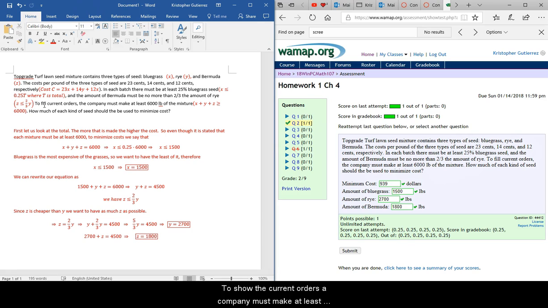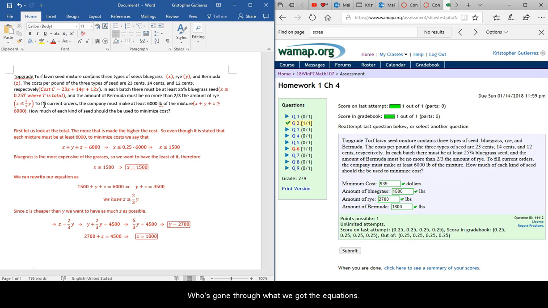To fill the current orders, the company must make at least 6,000 pounds of mixture. X plus Y plus Z greater than or equal to 6,000. And that is the total amount that we're talking about, the T I talked about before. How much of each kind of seed should be used to minimize cost? Alright.